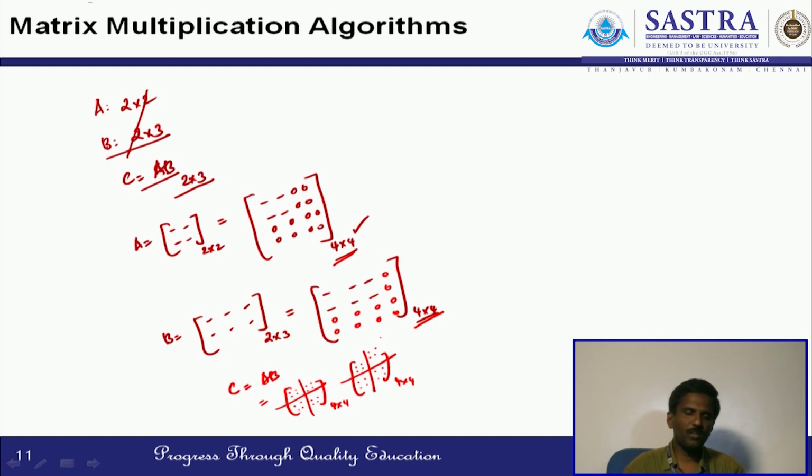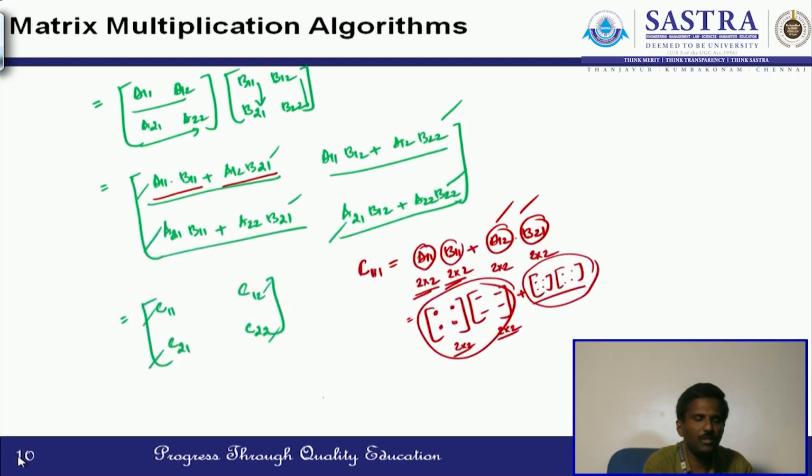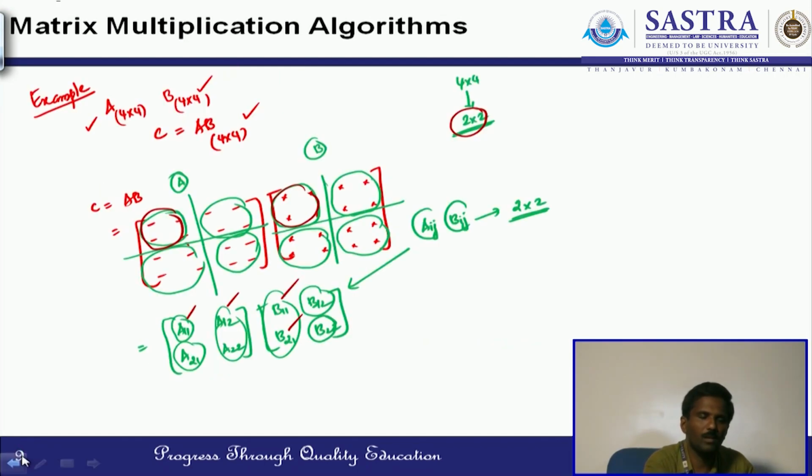Then we can fix A11, A12, A21, A22, B11, B12, B21, B22 as we defined earlier. So define each Aij and Bij as a 2 by 2 matrix.